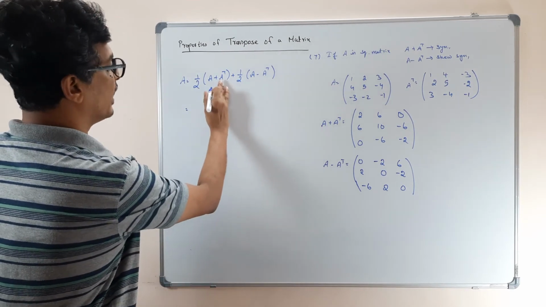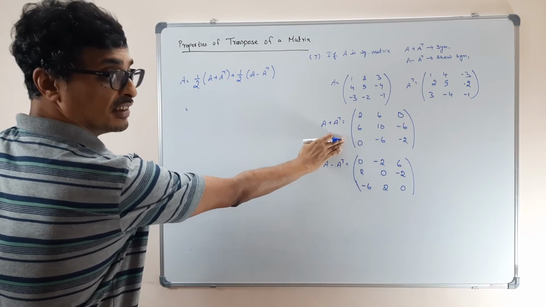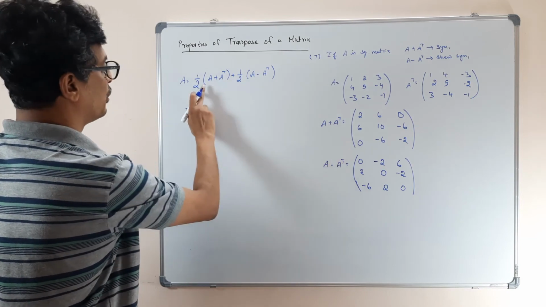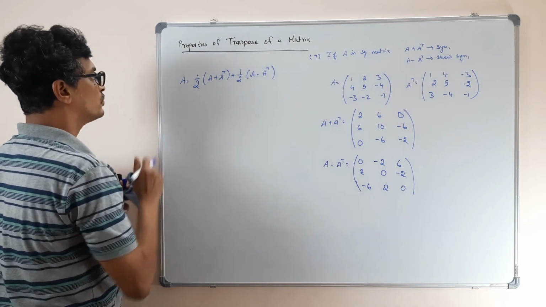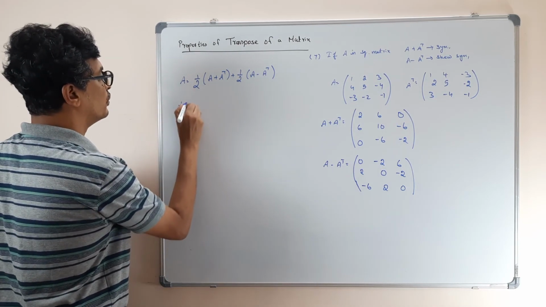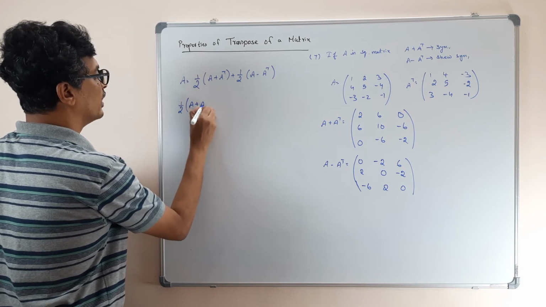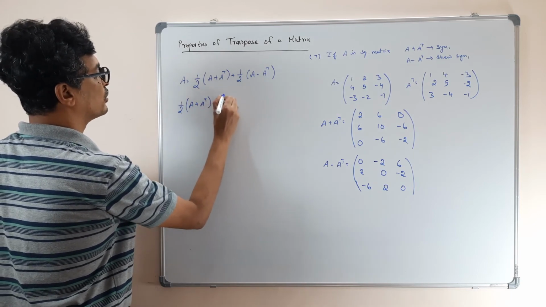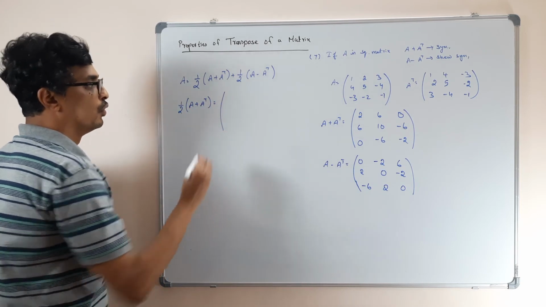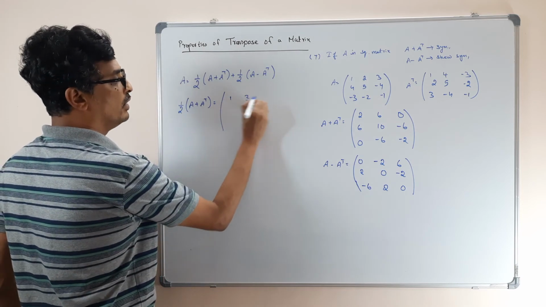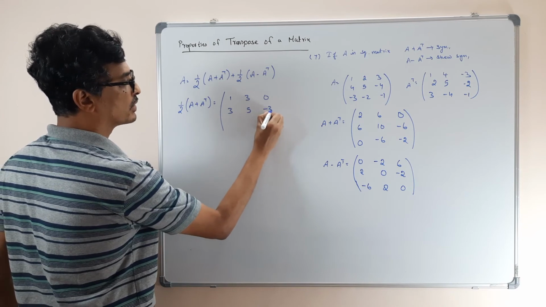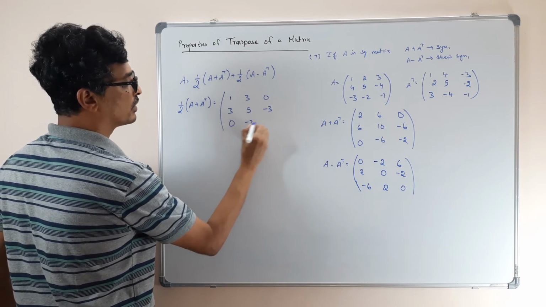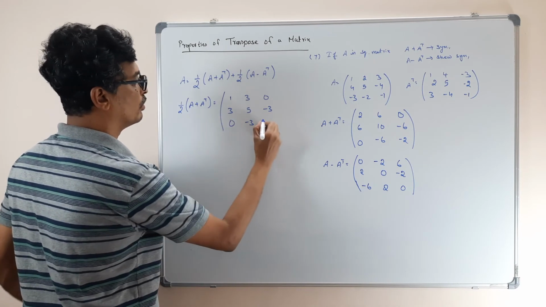A plus A transpose we have already done. Take half, you have to divide by 2. So half of A plus A transpose will be: 1, 3, 0, 3, 5, minus 3, 0, minus 3, minus 1.